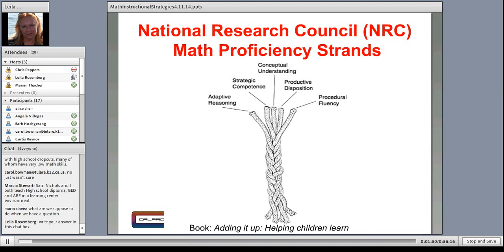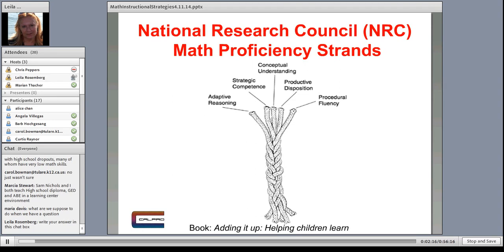What you see here, this is the NRC, which stands for the National Research Council. In 2002, they came out with a book named Adding It Up: Helping Children Learn Mathematics. The book focused on what makes students successful in math. This research formed the basis for today's presentation, so you can trust that the teaching tips we will examine today will be effective.